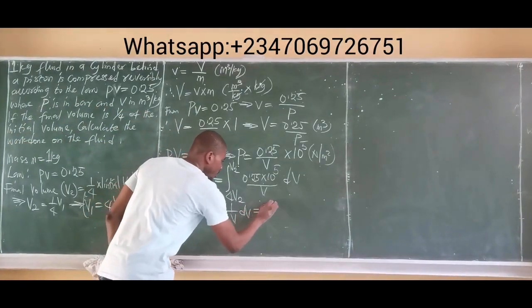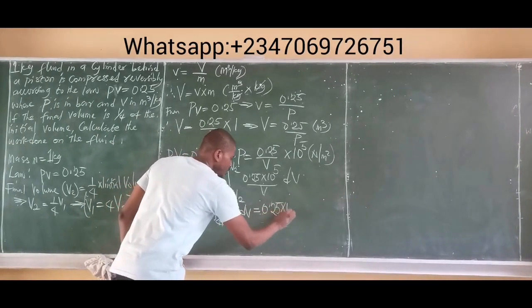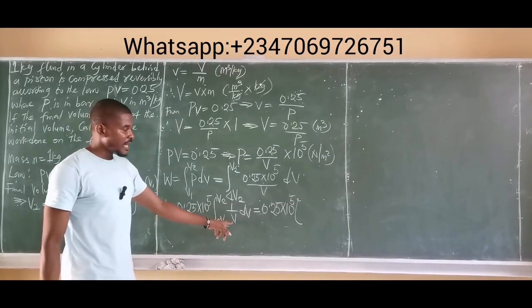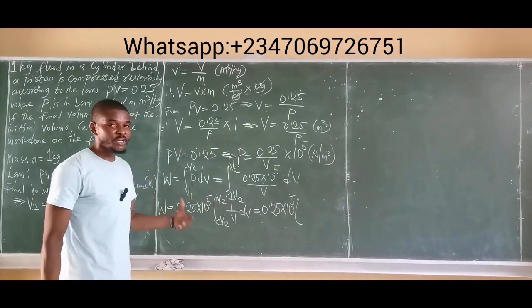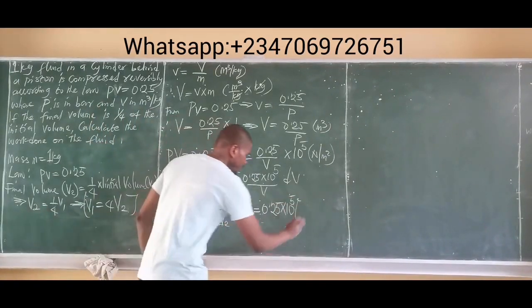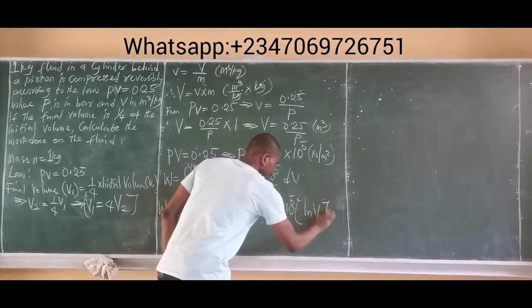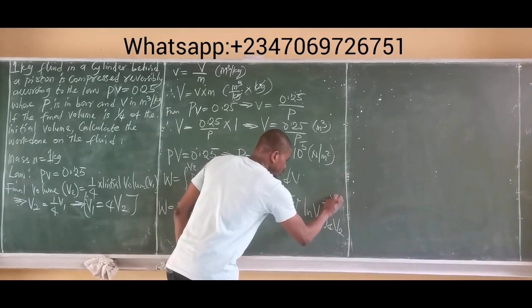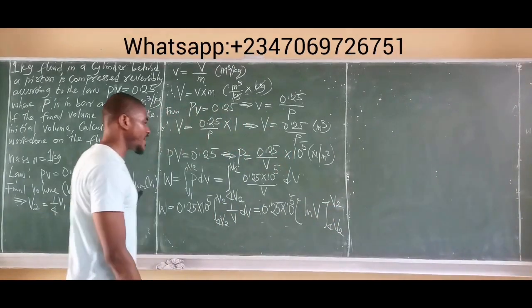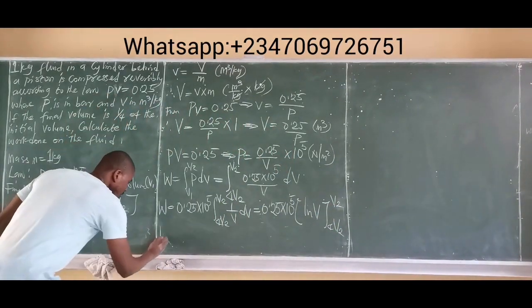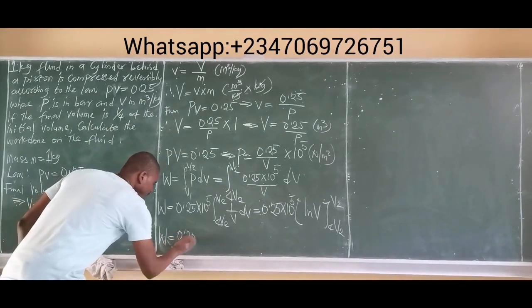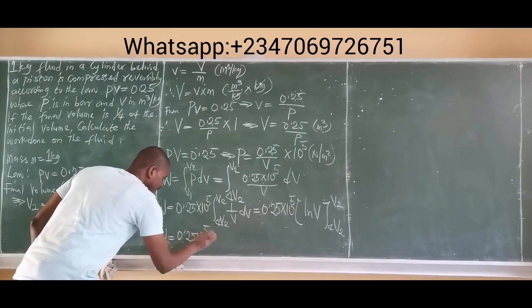If I integrate 1 all over V, I will simply have the natural logarithm of V, ln V. So put in the limits from 4V2 to V2, and work done is now equal to 0.25 by 10 to the power of 5.